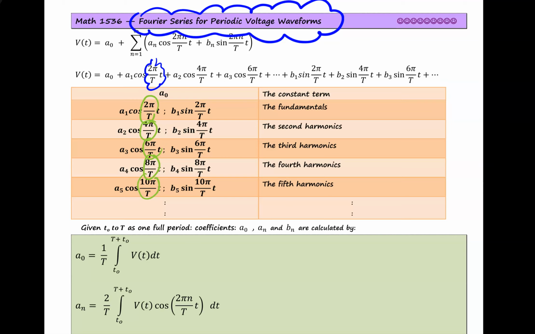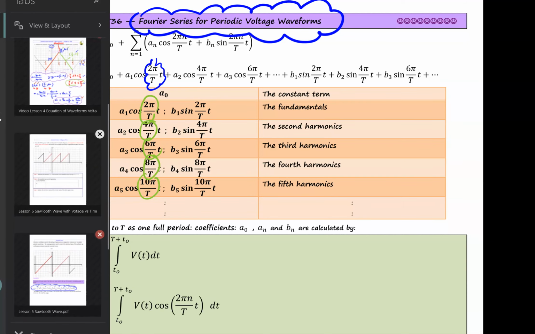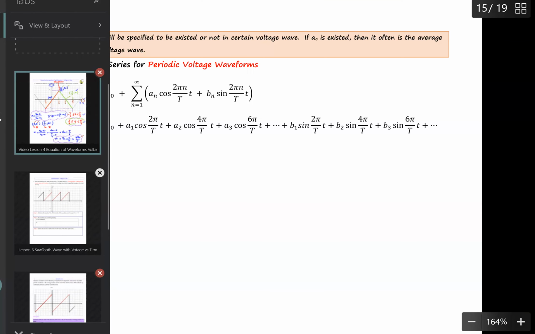Why don't we have those values, but instead 2 pi over T, 4 pi over T, 6 pi over T, 8 pi over T, 10 pi over T? I want to demonstrate for everyone why we end up with those values.